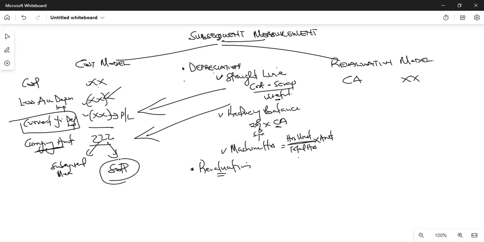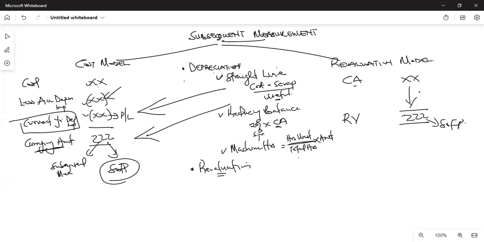So you take the carrying amount, that is the value, and they will revalue it again. Therefore, the revaluation now becomes the SOFP value if they revalue it at the end of the year.